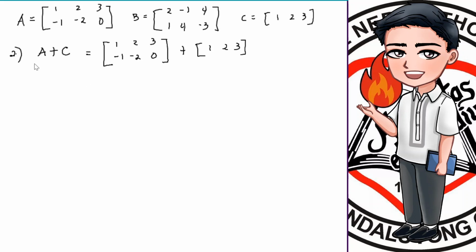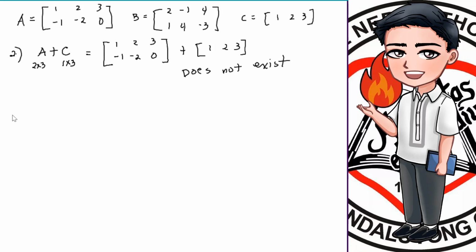Matrix A is a 2 by 3 matrix, and matrix C is a 1 by 3 matrix. So these two matrices do not have the same order or the same size. Therefore, their sum does not exist. If two matrices don't have the same size, their sum does not exist.